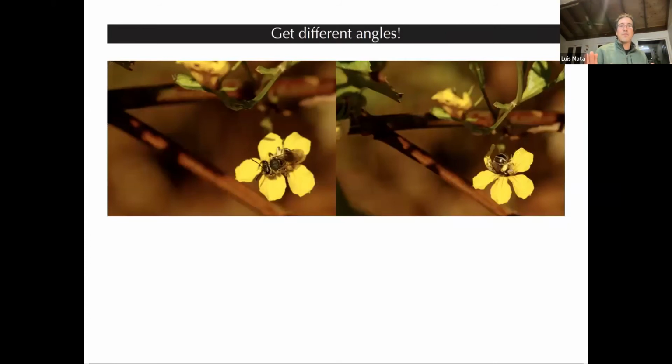Now, sometimes it's not about being closer, but once you're closer, you are at the right distance to take multiple angles, right? So for example, for identifying this bee, it might be critical to get a sense of the length of the antenna, or some details on the wings, right?